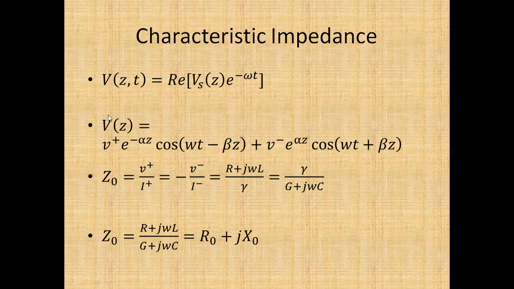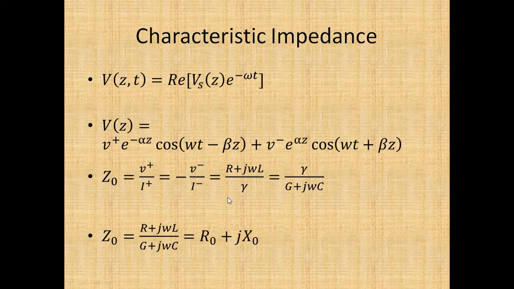Whenever we apply e raised to j omega t, we get the real part in terms of cos, and here the plus sign is there. So this is the propagation in the positive direction, and this is the propagation in the negative direction. Two variables are coming, one is the time variable and one is the z distance variable.